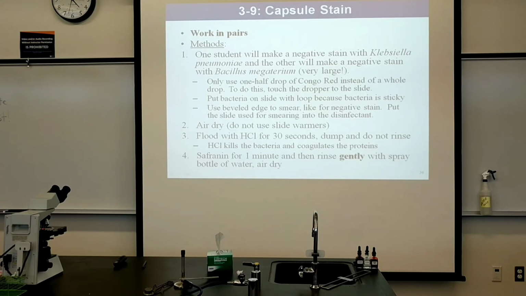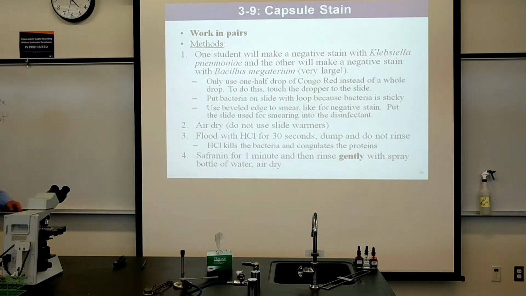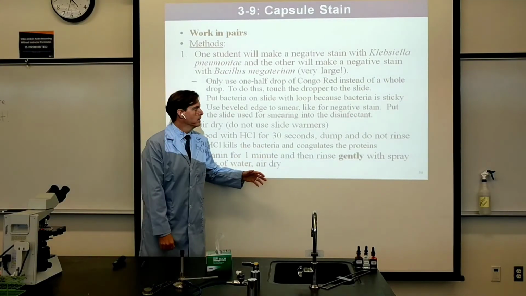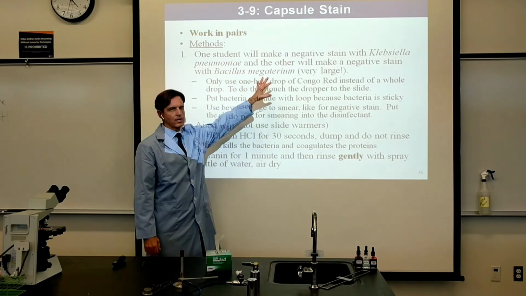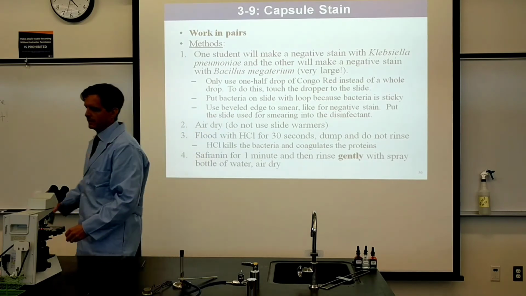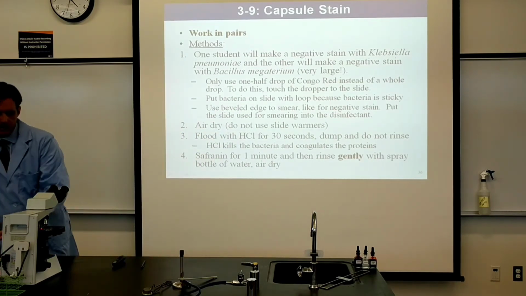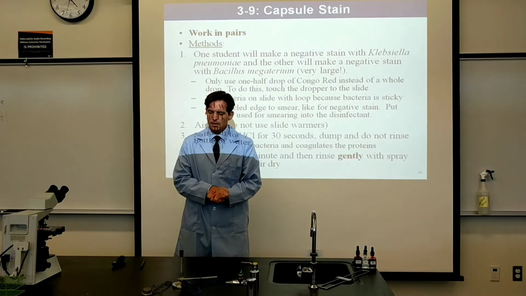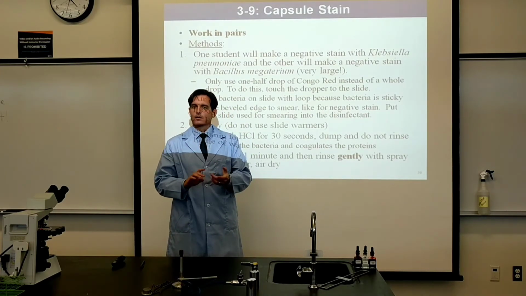All right, so looking back at the steps, we want to take note of a couple of important points, taking into consideration what the chemicals actually do. So the first chemical was Congo red, which we know allows us to make the negative stain technique. And then after letting it air dry so as not to use any heat, let's think about that.